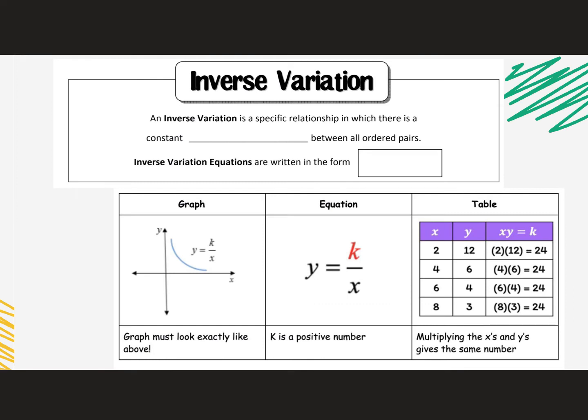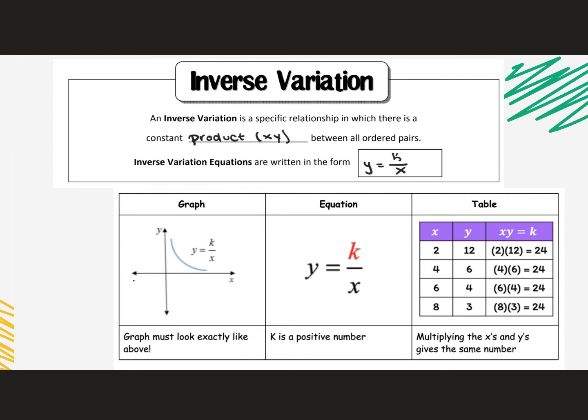Inverse variation is a specific relationship in which there is a constant product, which is x times y, between all ordered pairs. Inverse variation equations are written in the form y equals k divided by x. All right, so we can look at the graph.